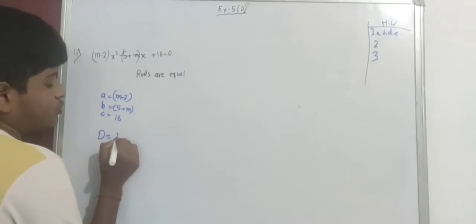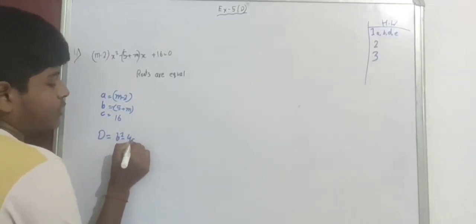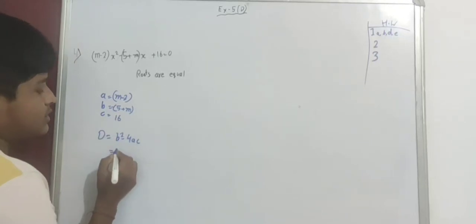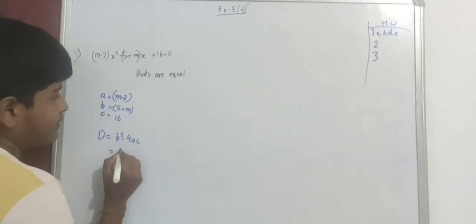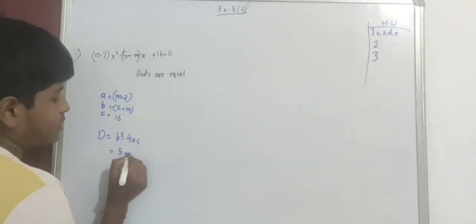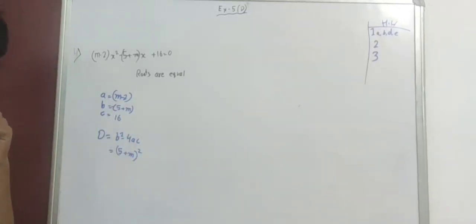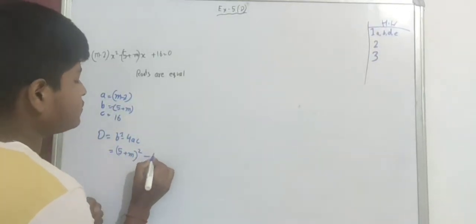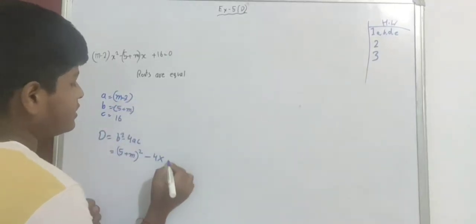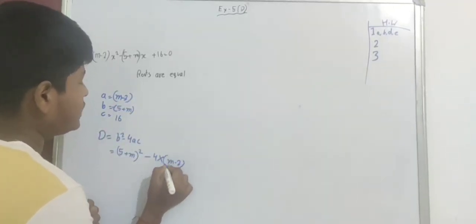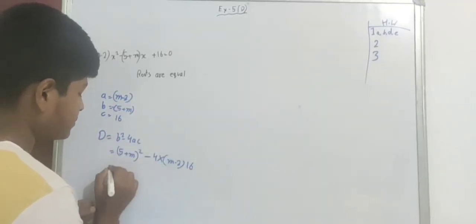Now discriminant is equal to b square minus 4ac. b is this. On squaring it we will get (5 plus m) whole square, minus minus is plus, so it will get cancelled. Minus 4 into a, that is m minus 2, into c, that is 16.